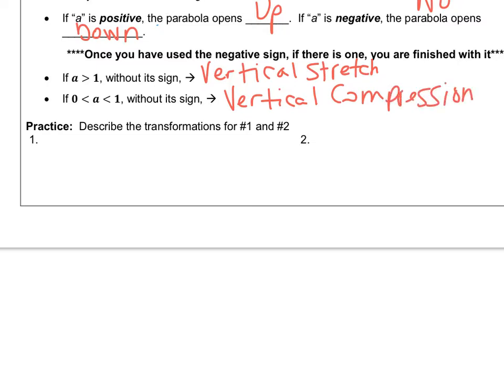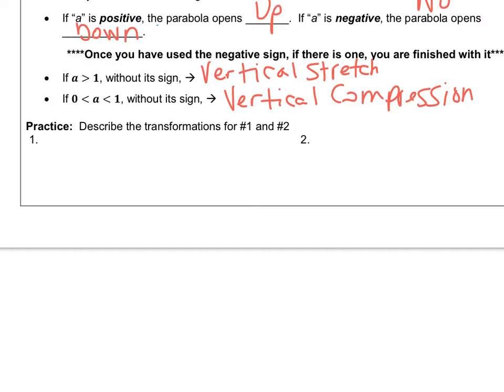So what I want you to do then is look at our two examples that we just did, number 1 and number 2, and describe what the transformations are. In number 1, we had a vertical stretch, and what we would say is it's a vertical stretch of function f, which is our parent function, by a factor of 2, because the 2 is what we were stretching it by.